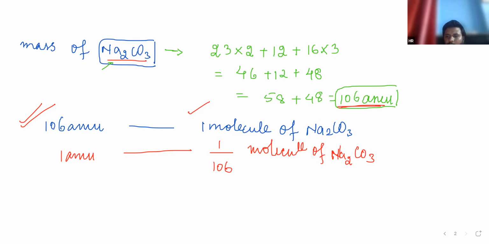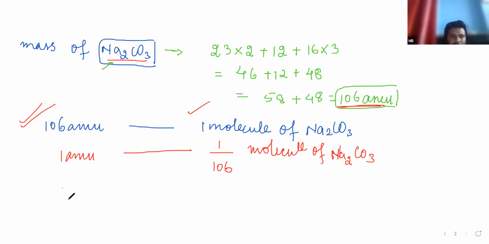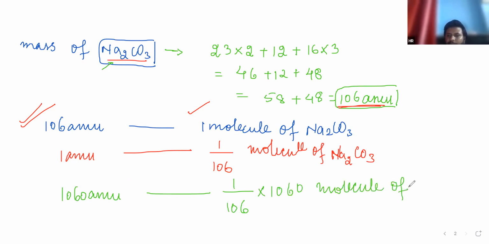Now, according to the question, we need to find in 1060 AMU. So in 1060 AMU, we will have 1 upon 106 into 1060 molecules of Na2CO3.